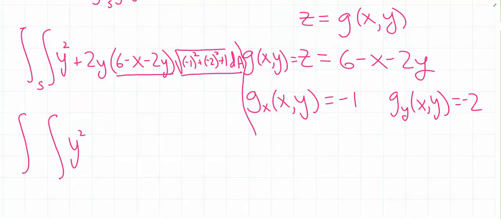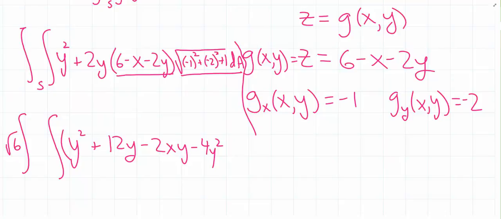I have y squared plus 12y minus 2xy minus 4y squared. And this integral, it looks like it's going to be the square root of 6. So let me just put that on the outside like that. So notice I just distributed the 2y through and got this.